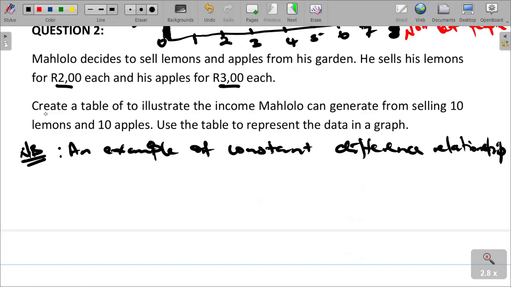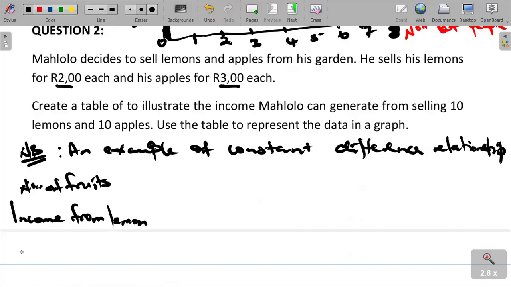So we are going to set up a table now. Let's draw a table. We have number of fruits, income from lemons, and income from apples.